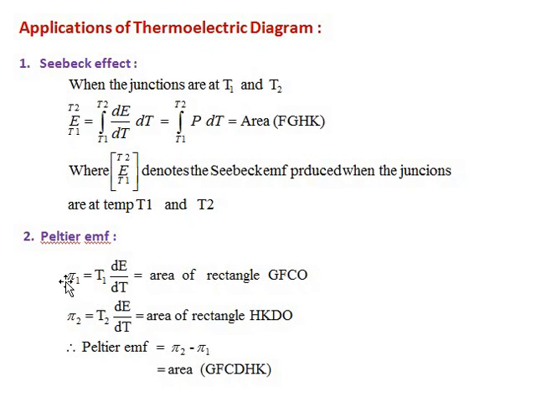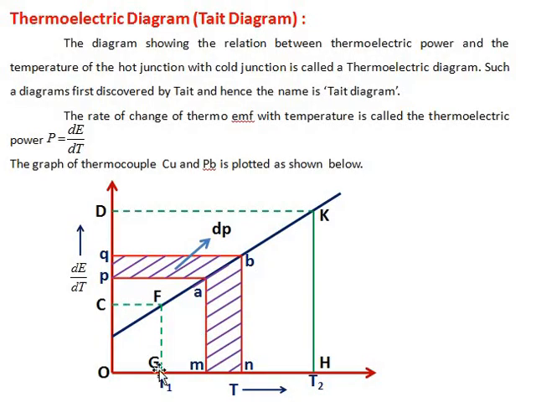So amount of heat energy absorbed minus amount of heat energy evolved is converted into Peltier EMF, that is pi2 minus pi1, which is equal to area under GFCDKH. So this green line area bounded by the graph is the Peltier EMF, dear students.